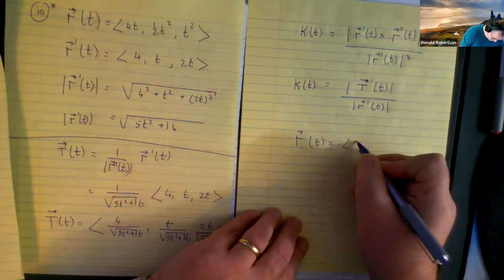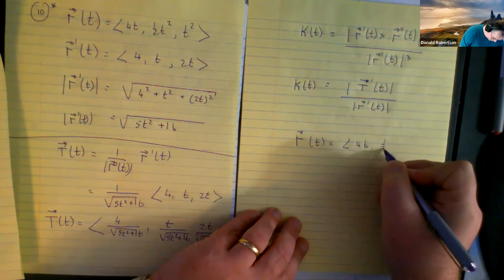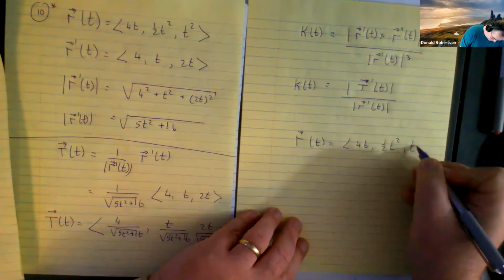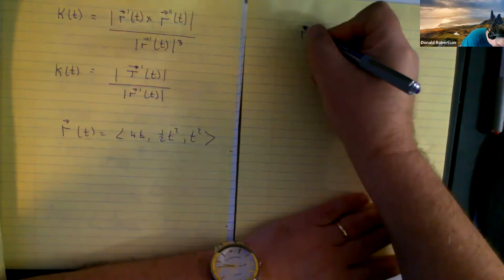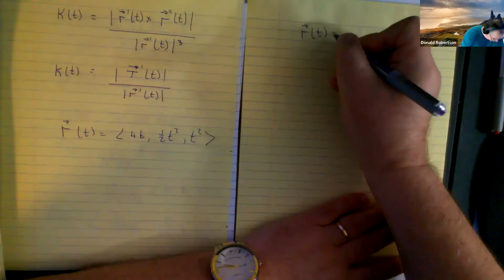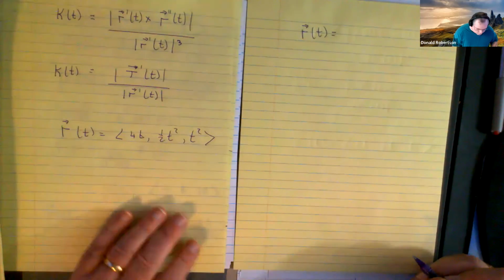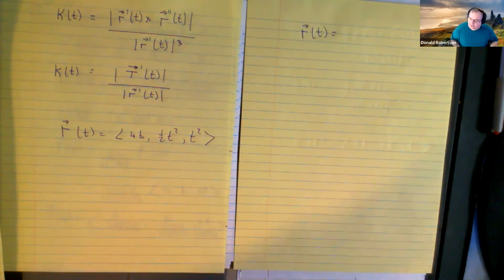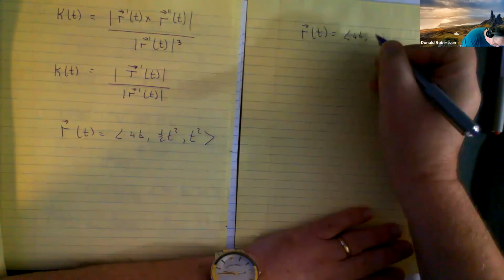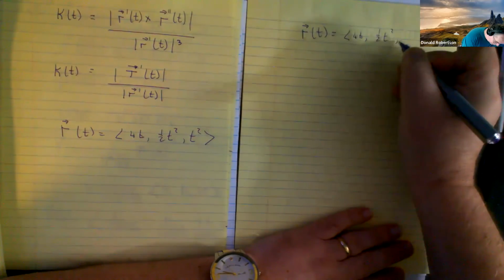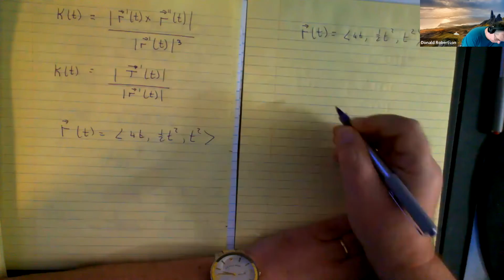So it's still a 4t, a 1/2 t squared, and a t squared. One of the good things about this formula is you don't need to worry about magnitudes until the end, right? You're just doing derivatives, which tend to be quicker, right? As long as they don't have really weird ones. So here goes, 4t, 1/2 t squared, t squared.